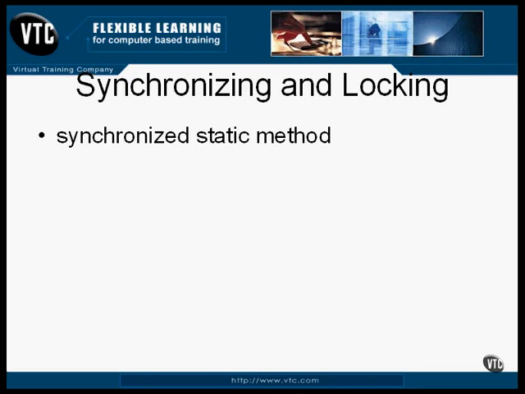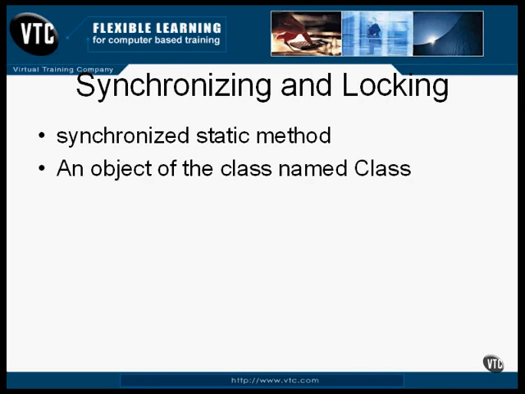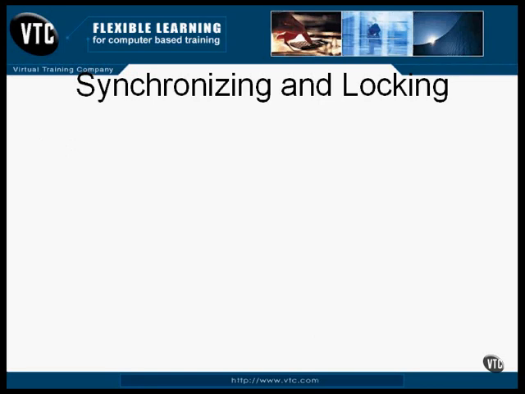But a static synchronized method does work. It uses the monitor that is associated with the object of the class definition. If you find that confusing, look up class in the Sun API documentation. The object in question is an object of the class. Anyway, it works. In the next lesson, we will look at how threads handle interrupts and joins.